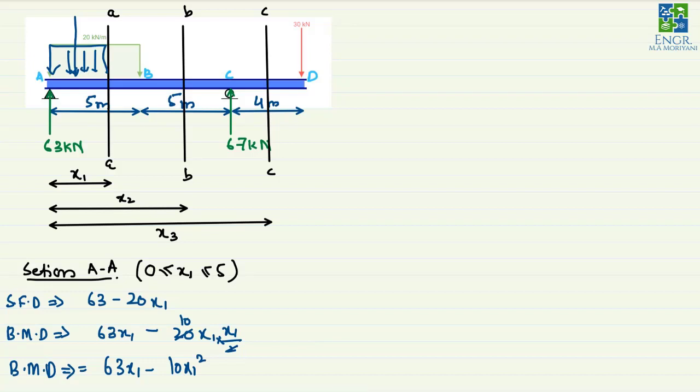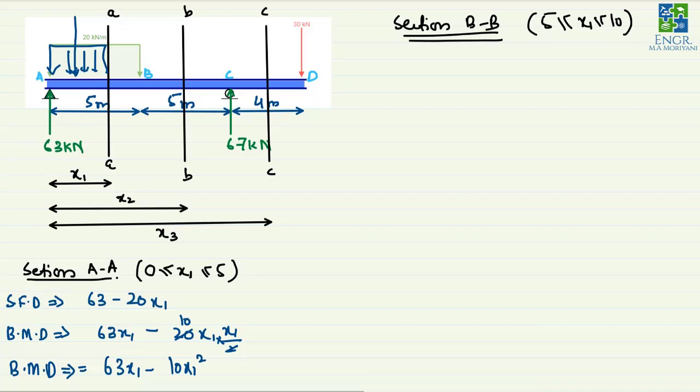And for the section BB, let's talk about the section BB. This is valid for the value of x1 which is greater than or equal to 5 and less than or equal to 10, because BB is this much amount of distance. Let's talk about their equations.